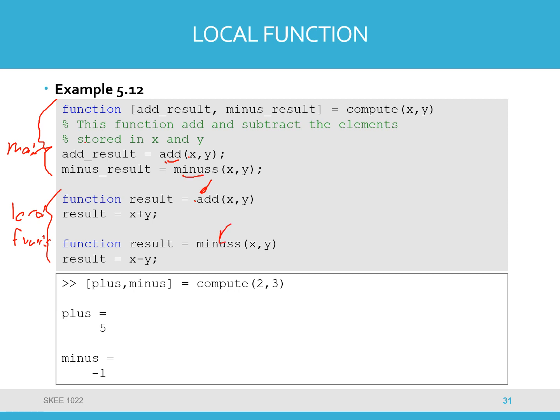This is how the function works. This is the main function, which has the output that can be called by MATLAB, either by another script or another function. It's called compute, and it can be called at the command window.